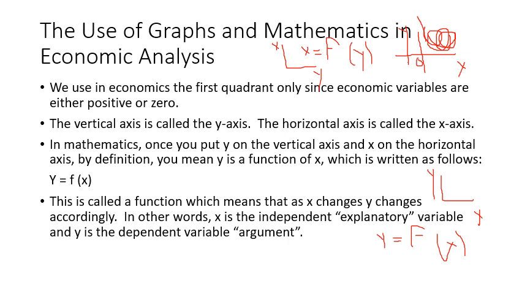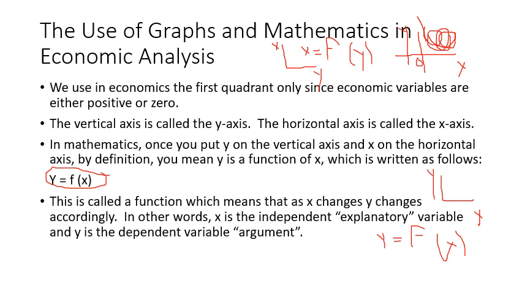سواء انت عايز او مش عايز طالما است y vertically يعني رأسي و x horizontally, whether you like it or not, it means that y is a function of x, which is written just like this. This is called a function, a mathematical function. What does it mean? It means what is written here and only what is written here. It means that as x changes, y changes accordingly.